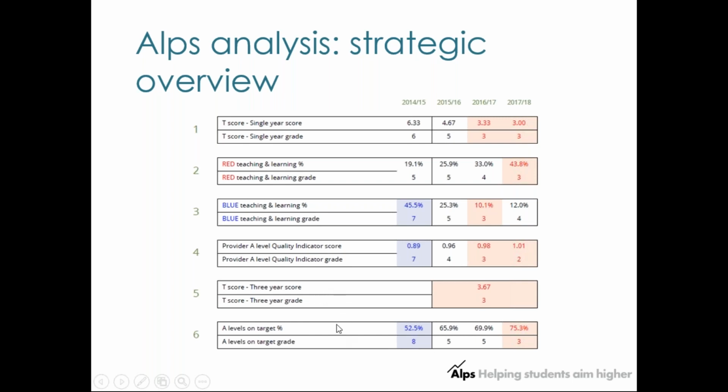You can also see an indicator down here on row 6 about the A-levels that are on target. You'll also see that if you provide us with 4 years worth of historical data, we can provide you with 4 years worth of analysis. Even if you just buy our product this year, provide us with 4 years worth of data and we will give you 4 years worth of trend.